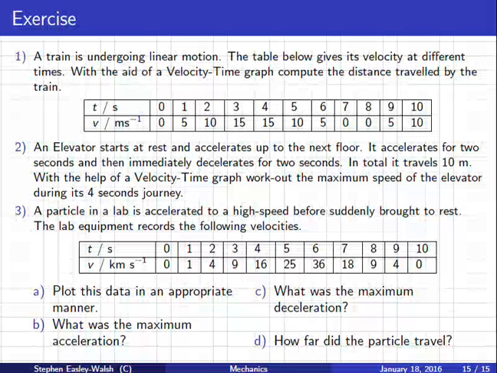Just to draw it here: if we have something like this, this height is the u, this height is the v, this base is the t, this area is the s, and this slope is the a. So everything's on the graph.